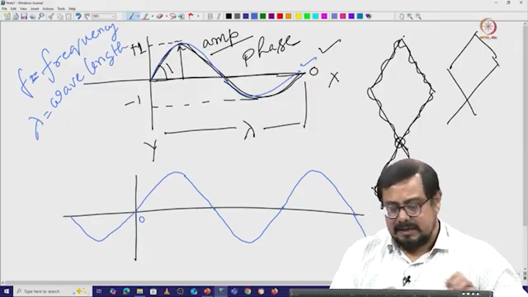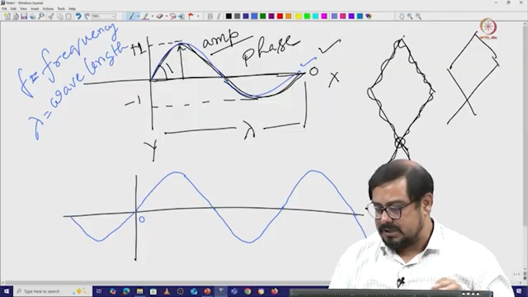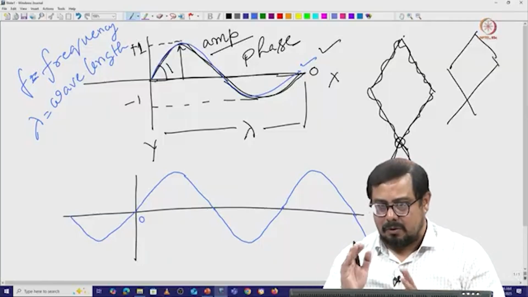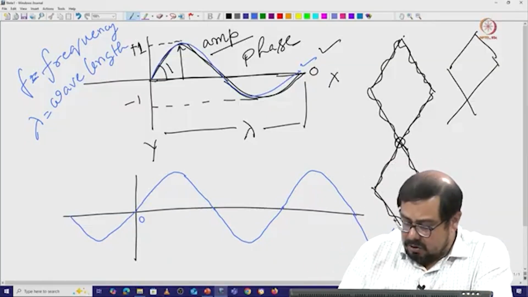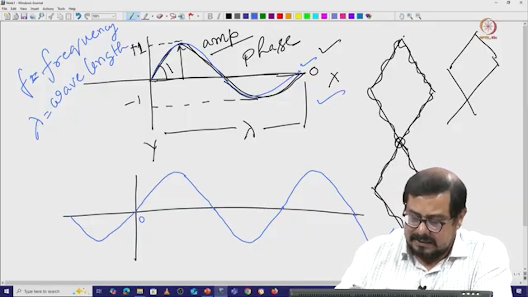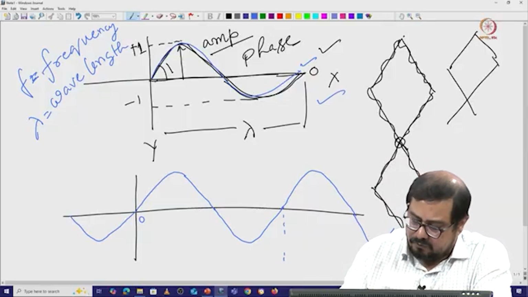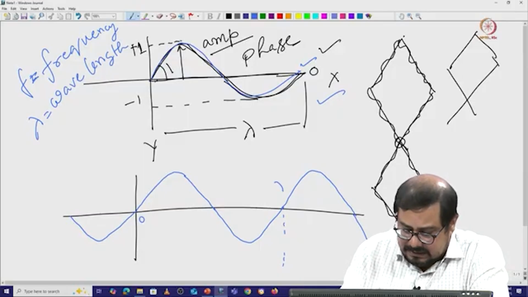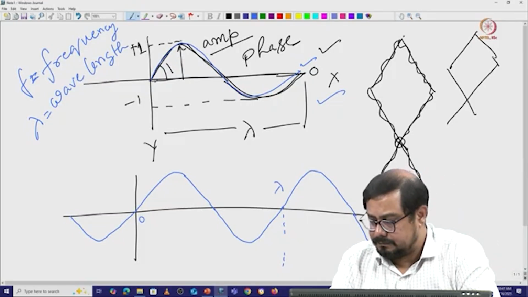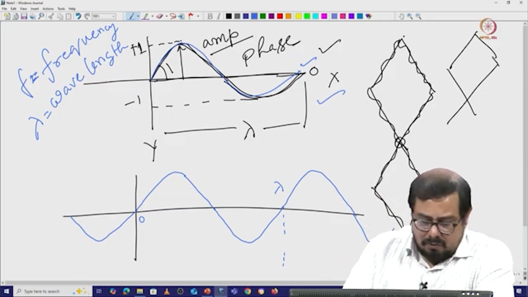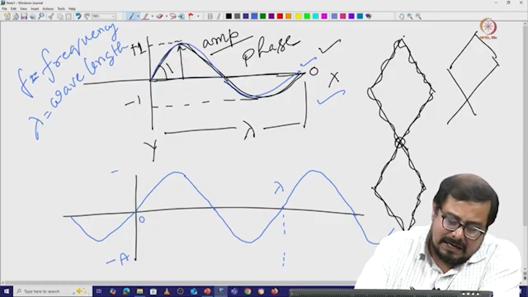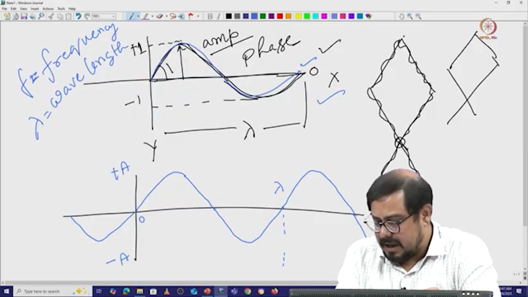Now, let us mark this wave in a different position and see if we can find out the angle as well as the wavelength change. So, if we are considering this one, this is my full wavelength, right. So, I can tell that this is one complete wavelength, right. Now, this is the amplitude, I will consider this is minus A and this is plus A, my amplitude.